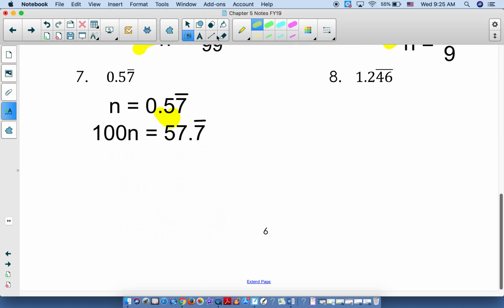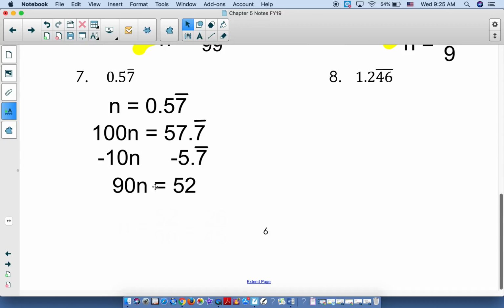In order to do that, I have to multiply n times 10 and this times 10. I'm actually going to be subtracting 10n, because if I only subtract n, that 5 gets in the way. So I subtract 10n. When I get that, I get 90n equals 52. And therefore my fraction is this, which simplifies to 26 over 45.